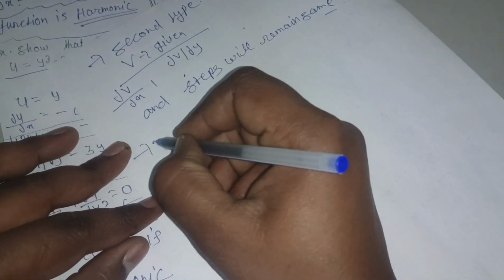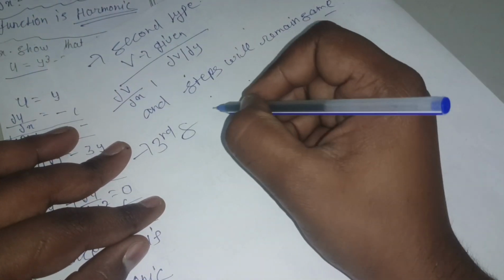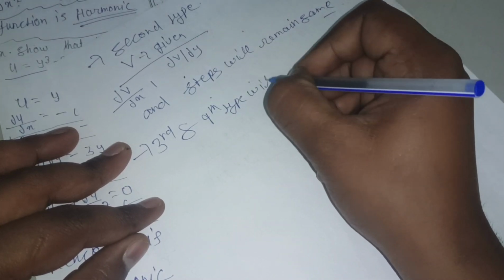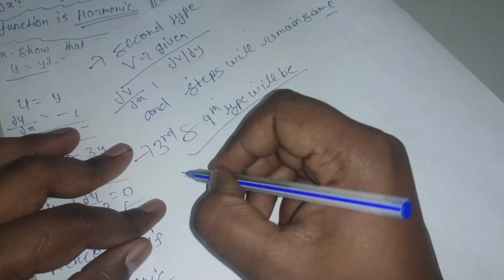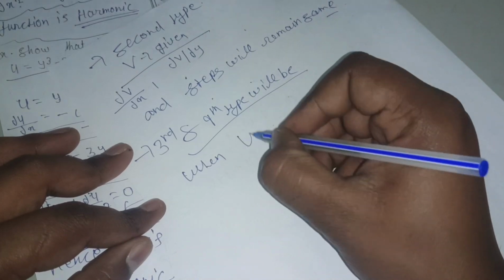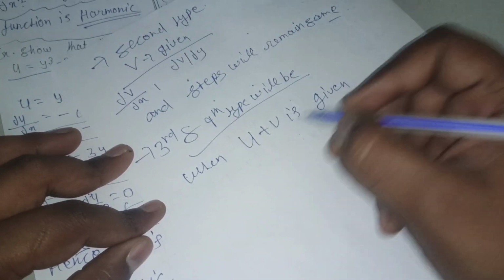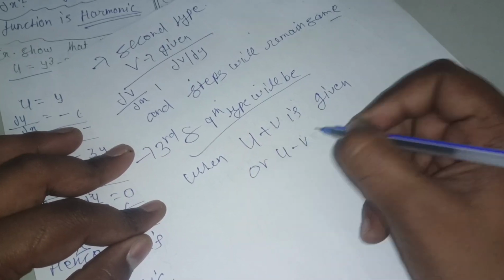And the third and fourth types will be when u plus v is given or u minus v is given.